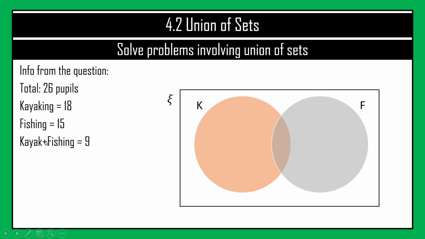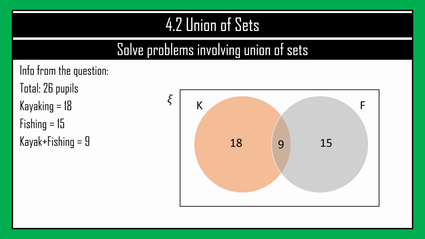Right, I'm going to start from the bottom. Okay, the intersection between K and F, kayak and fishing, which is this one. So kayak and fishing got 9. So let's put number 9 in the intersection of two sets. And then I know kayaking has 18, fishing has 15.